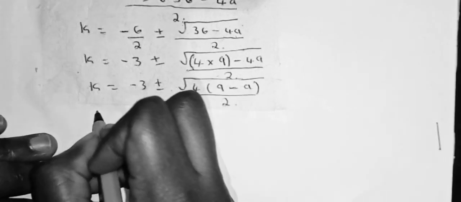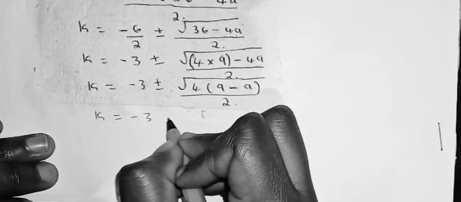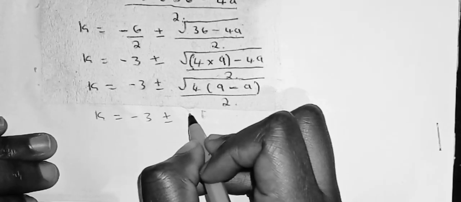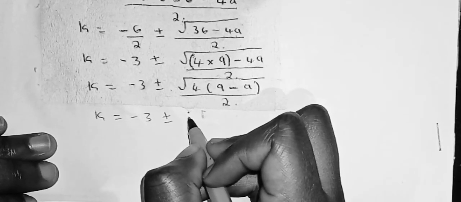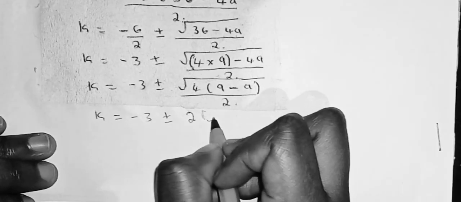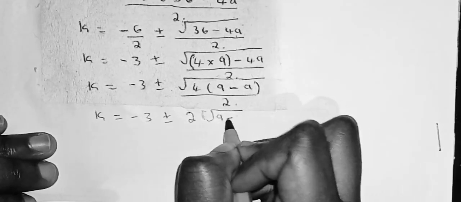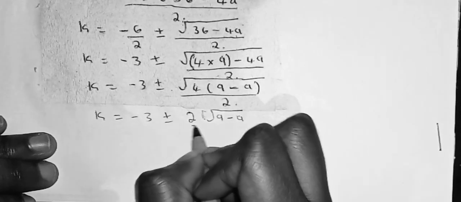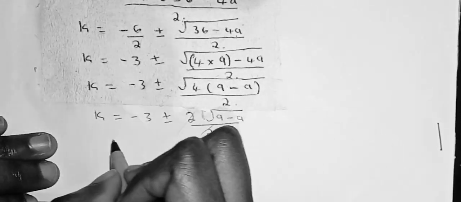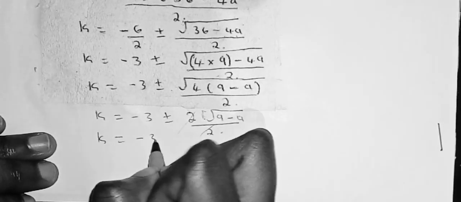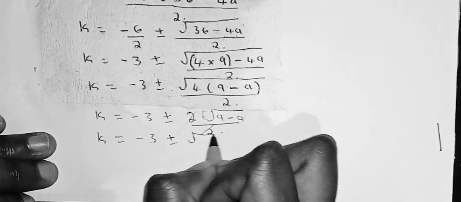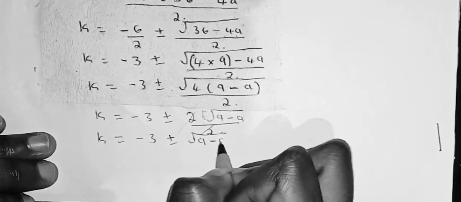So I'm going to say k is equal to negative 3 plus or minus, the square root of 4 is actually 2, which I'm going to put outside and be left with 9 minus a, all divided by 2. The 2 and 2 cancel, and we end up with k is equal to negative 3 plus or minus the square root of 9 minus a.